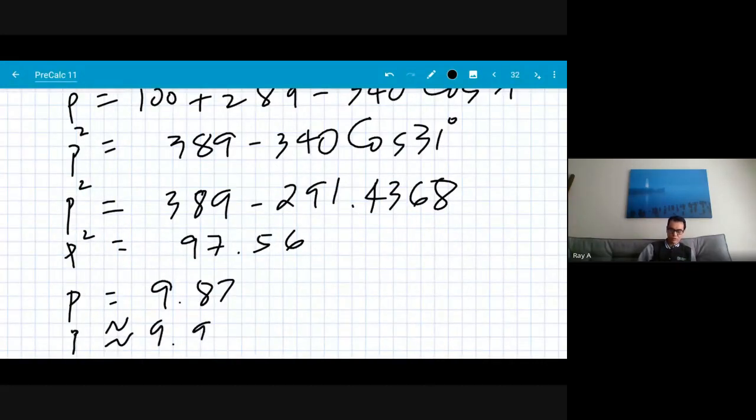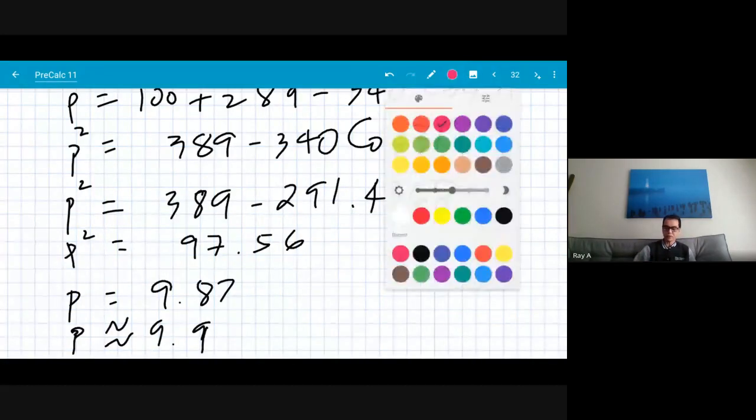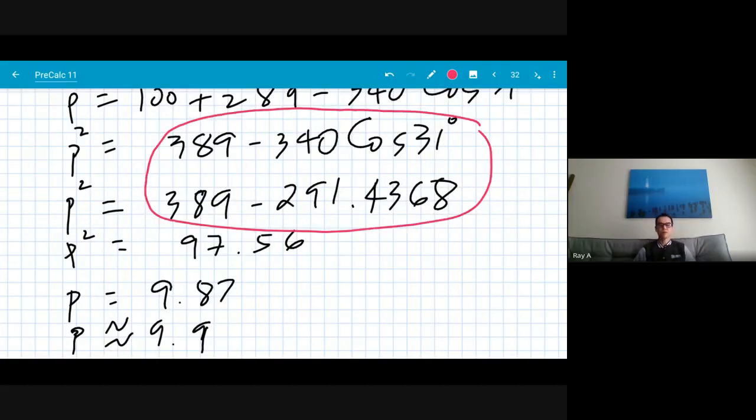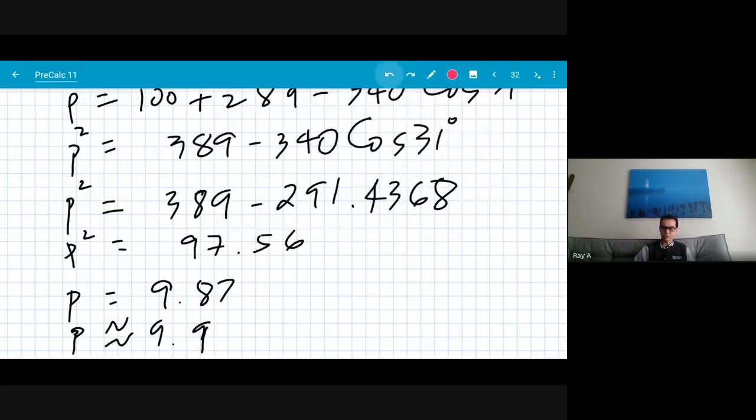What I want to caution you on here is this part, because this is where the problem is always going to be. What I see kids doing is they will subtract the 340 from 389, forgetting that you have to do this first.